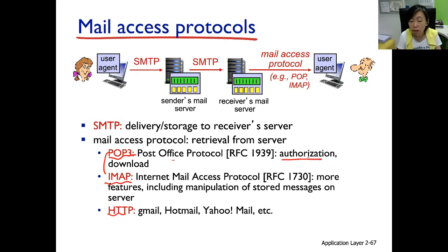First, the receiver needs to authenticate and authorize itself, and then begin downloading emails. IMAP, being a slightly newer version, includes a number of other features. For example, we could store the email messages in a more structured way, such as creating folders and putting certain emails in certain folders.